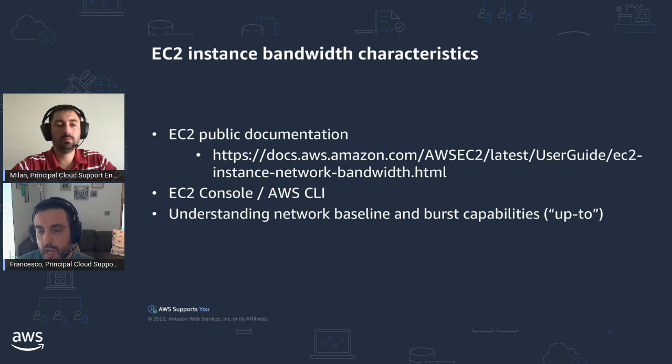"Up to" burst capabilities simply means that the instance will be able to reach that level of performance, but only for limited periods of time. This is to give you the best experience possible if you're receiving a peak in traffic, or you need higher than usual performance for a small amount of time, again following a peak or a specific operation that might be a bit more resource intensive. So keep that in mind when evaluating this.